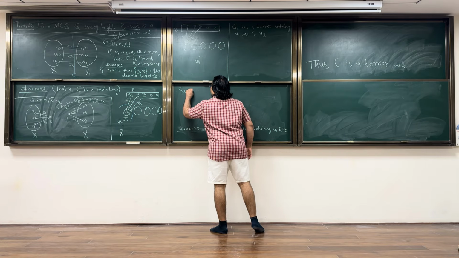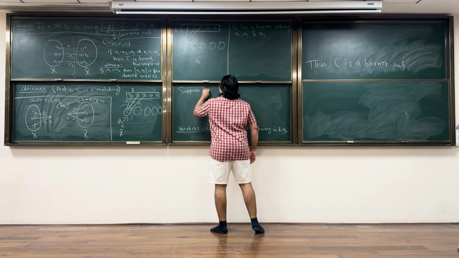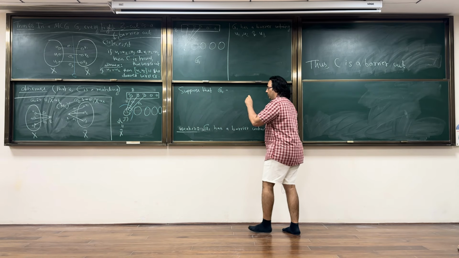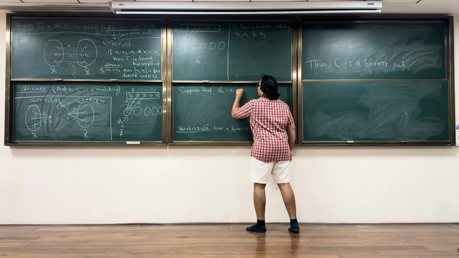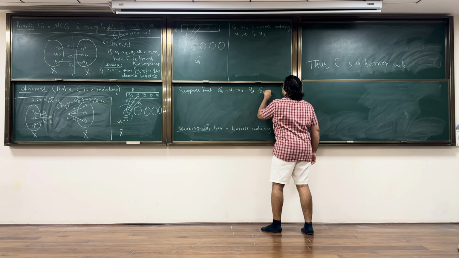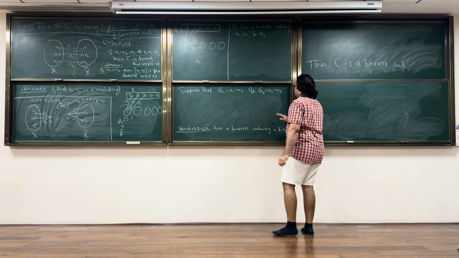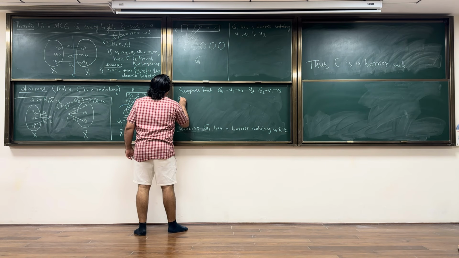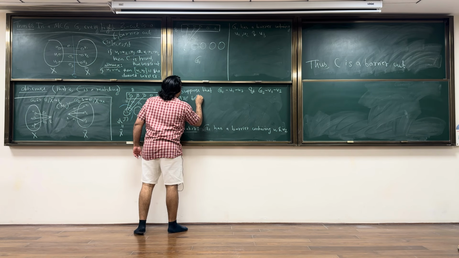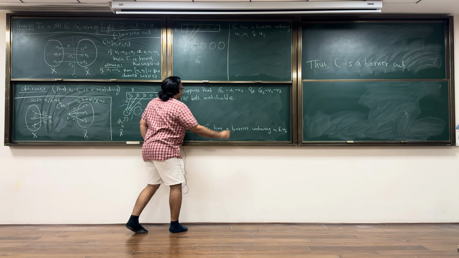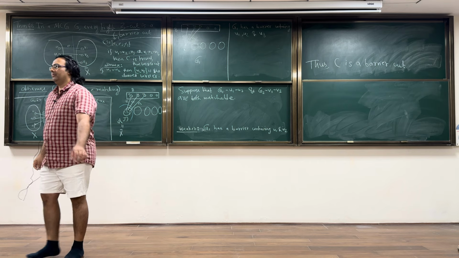Suppose that G1 minus U1 minus U2, now we are actually going to prove something. G1 minus U1 minus U2 and G2 minus V1 minus V2, supposing both of these are matchable.